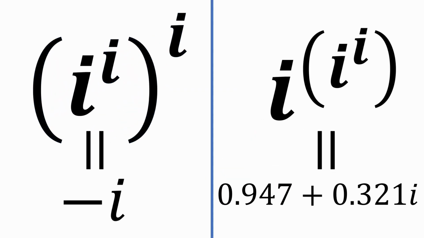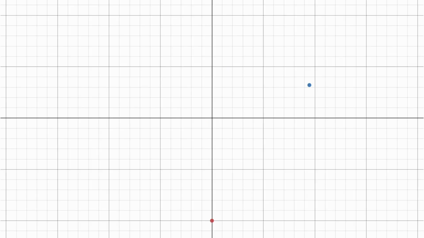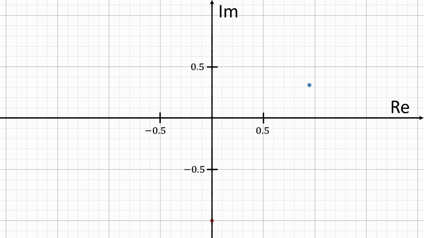So it's now pretty clear these two opponents are definitely not equal to each other, but they are both complex. So how do we figure out who's bigger in the complex world? We go to the complex plane. Recall that we plot the real part along the horizontal axis, which we call the real axis, and the imaginary part along the vertical axis, which is called the imaginary axis.